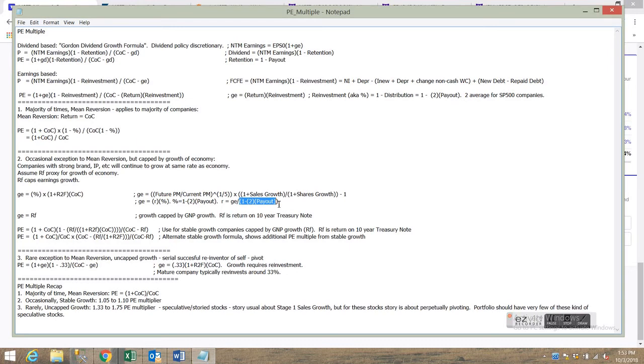If we multiply that by 2, and then take 1 minus that, you only end up with a 20% reinvestment. And that's just too low. So we're going to back off, and instead of 2 times the payout, which is just an average across the S&P 500, we're just going to use 1 times the payout for Microsoft. So 1 minus the payout is about 60%.